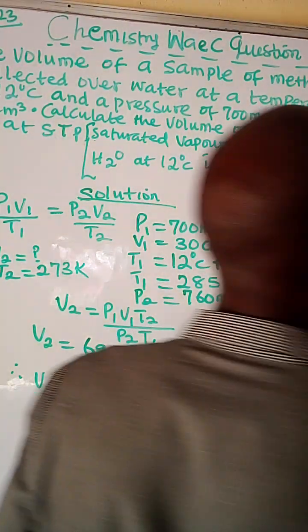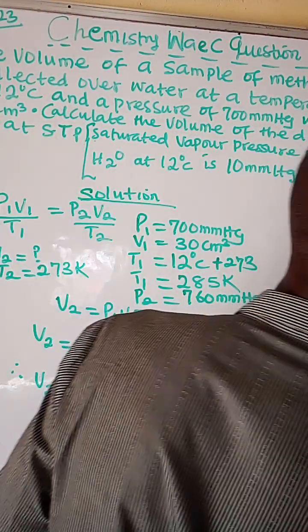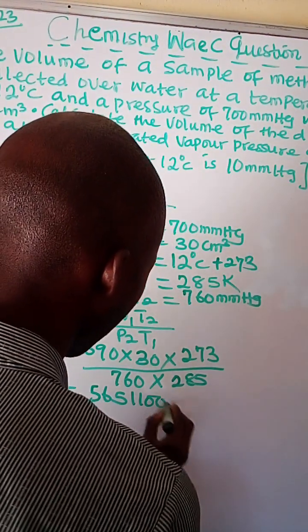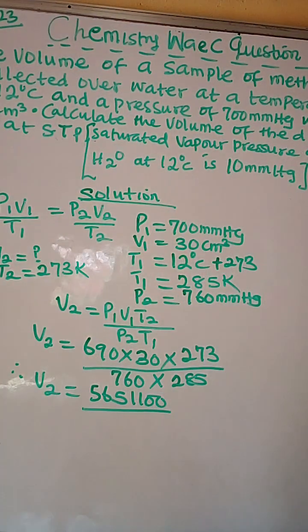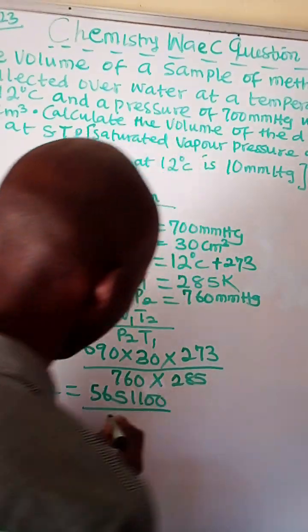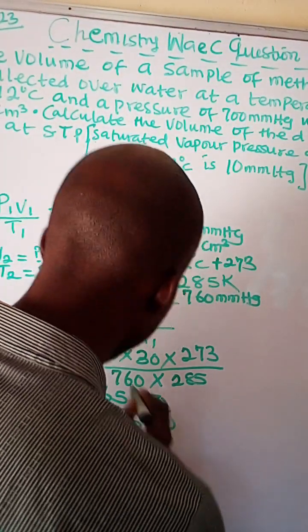So therefore, V2 equals, when you multiply all the figures in the numerator, we are going to have 565,110. Then you divide it by, when you multiply the numbers at the denominator, we have 216,600.